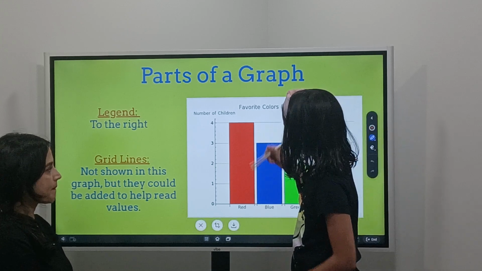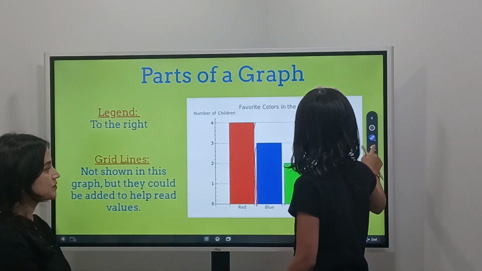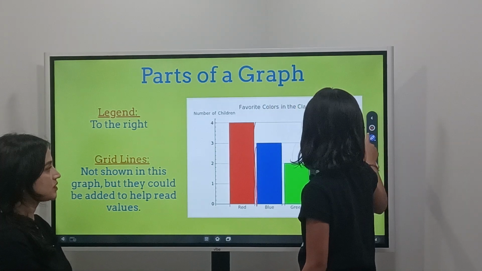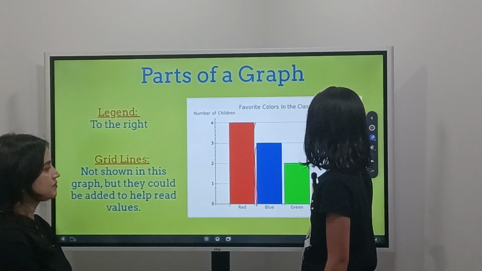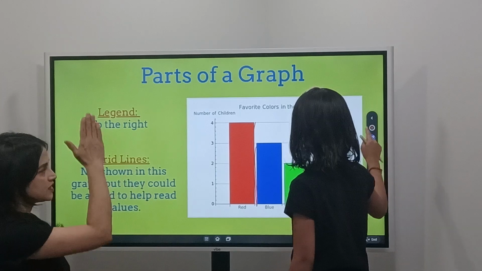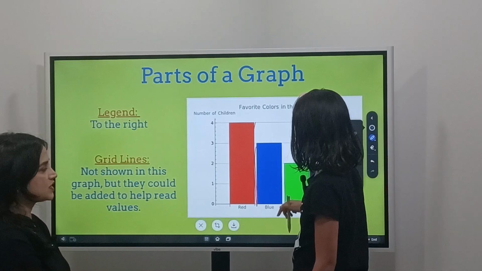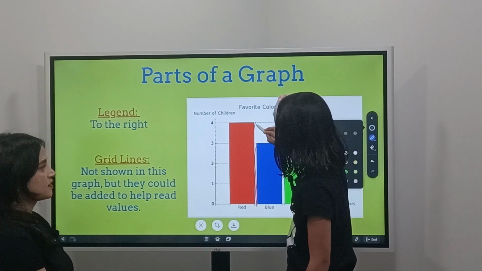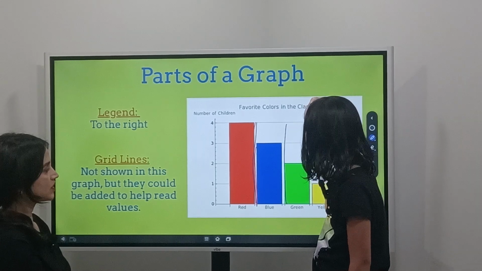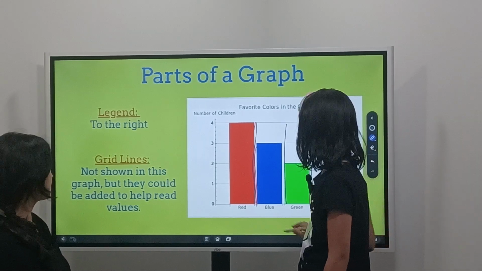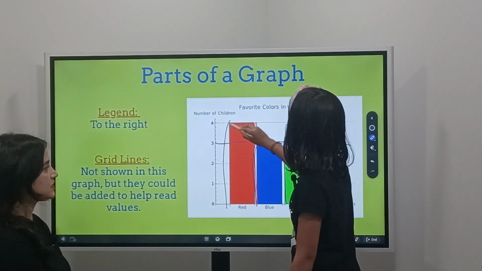Grid lines are like right here, but they're not shown. They're horizontal and vertical, small lines. Yes, like one here, one here, one here. Then there's one over here, and then there are horizontal ones.